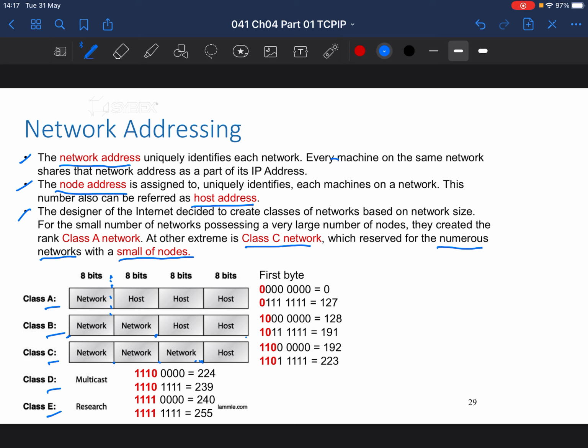So you have a large number of networks, you need 3 octets for the network, and you have only 1 for the host.